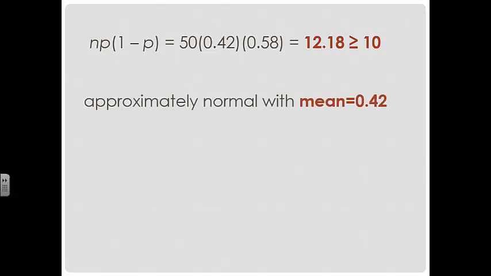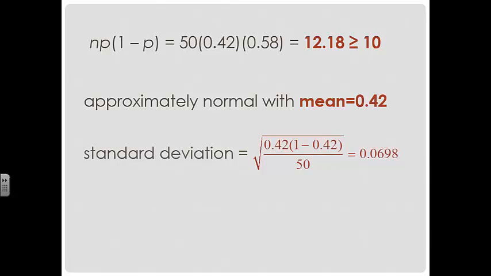Then we determine what the mean is, and that was just your population proportion. So that was the percentage that they gave us in the original problem. And then we can find our standard deviation. And so in order to describe the sampling distribution, we know that it's approximately normal, we know that the mean is 0.42, and we know that the standard deviation is 0.0698.